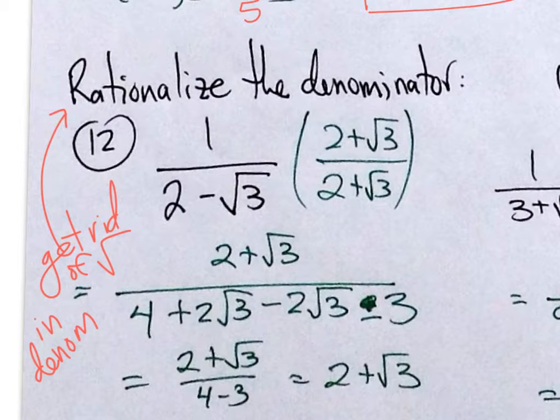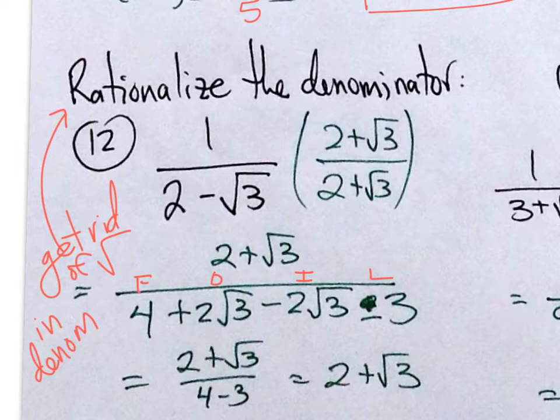So watch what happens. I have foiled, F, O, I, L. So firsts, outers, inners, and lasts. Notice here, square root 3 times square root 3 is 3. That's by definition, and it's a minus sign.